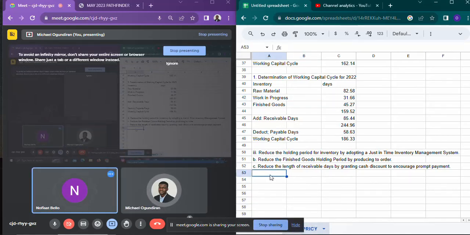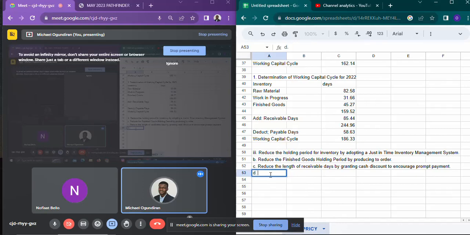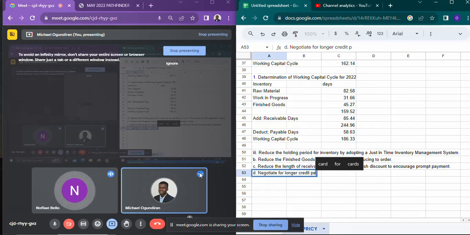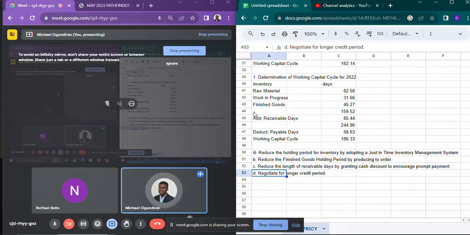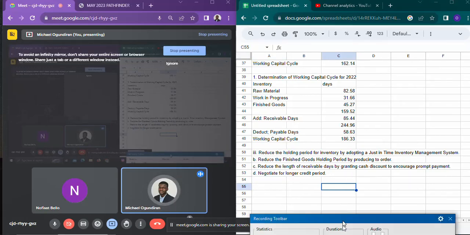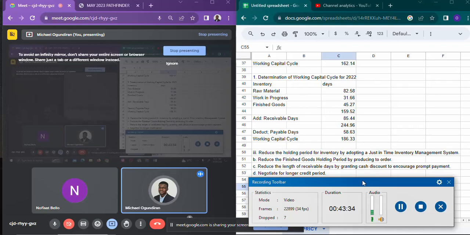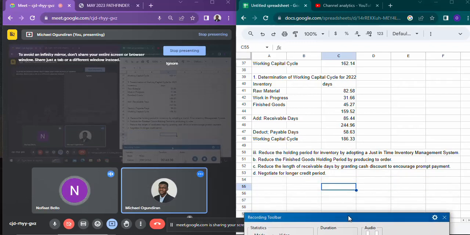No. So the fourth one will be to negotiate for longer credit period. What is working capital management about first? Before you even talk about working capital management, you first need to understand what working capital itself is.